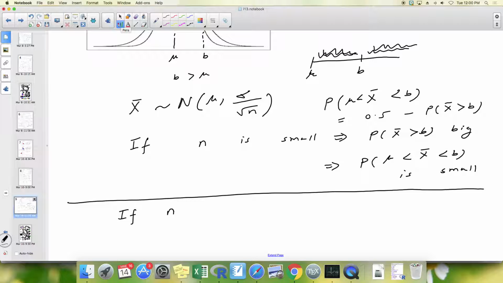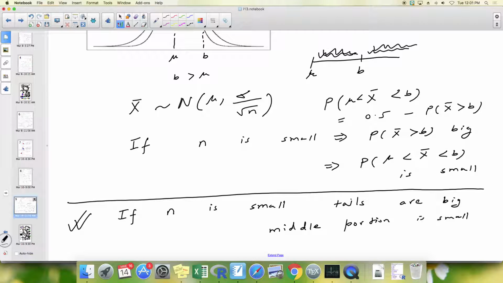If n is small, tails are big. But middle portion is small. So if you remember that, all these kind of problems are easy. So let's have a look.